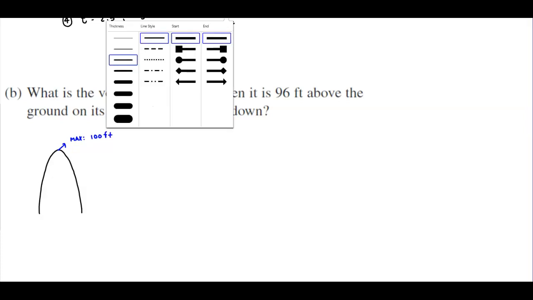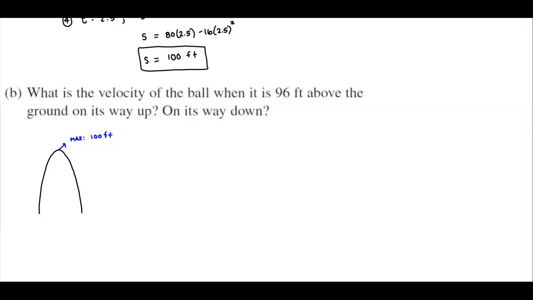And what we want to determine is when it's at 96 feet, so we want to know what is the velocity when it's going up, and then what is the velocity when it's going down.